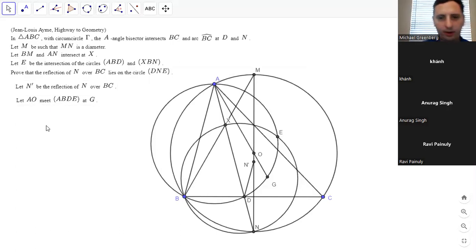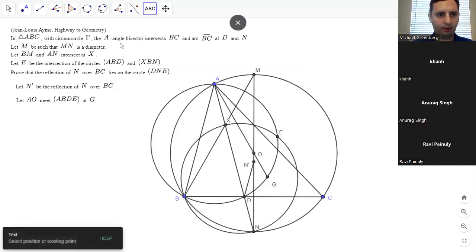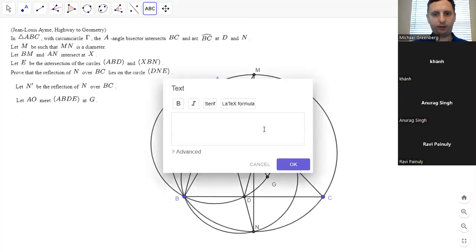And okay, so angle BEG is equal to angle BAG, which is BAO, which is 90 minus C. So is this solution really that simple?